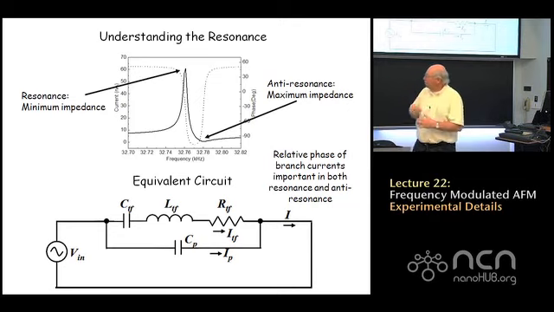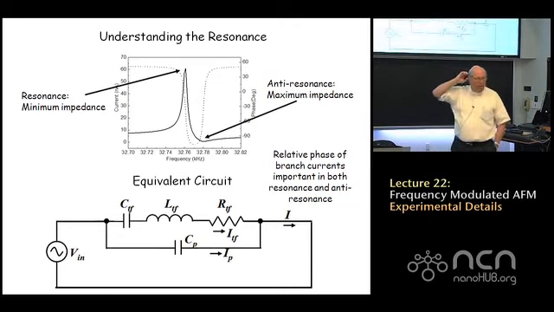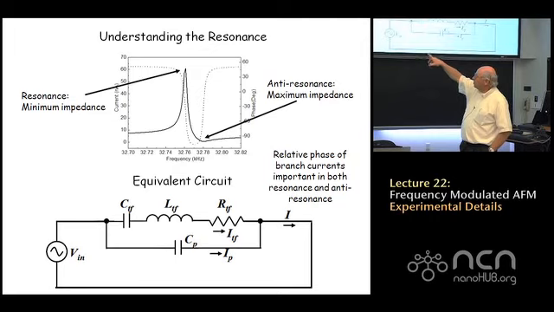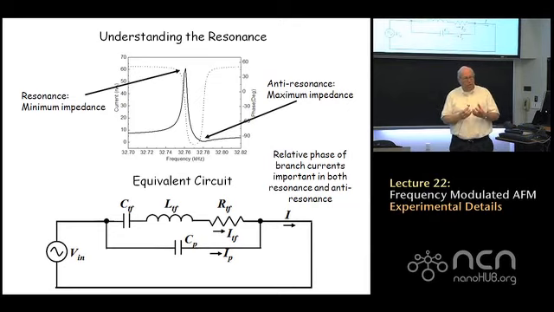Right? So whenever you see a resonance curve in an electronic circuit, the take-home message is, at least whenever I see a resonance curve in an electronic circuit that has this peak followed by this shallow minimum, that's telling me that the equivalent circuit has to be modeled by two parallel paths. Right?